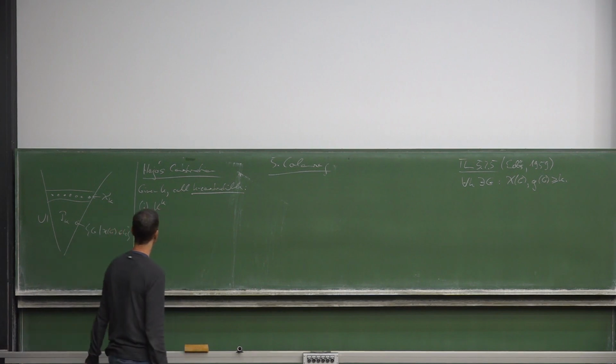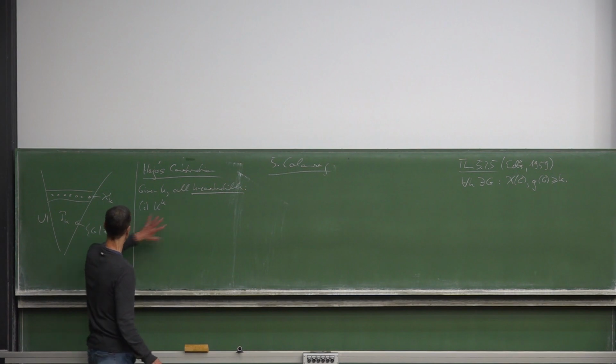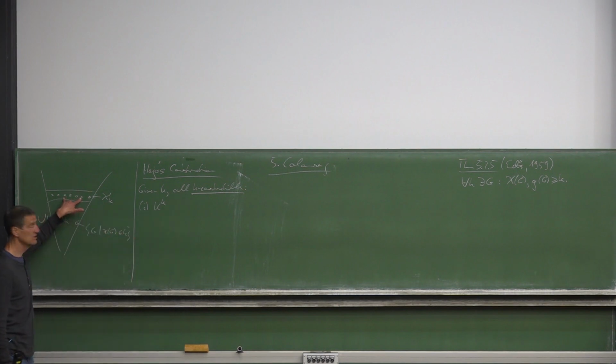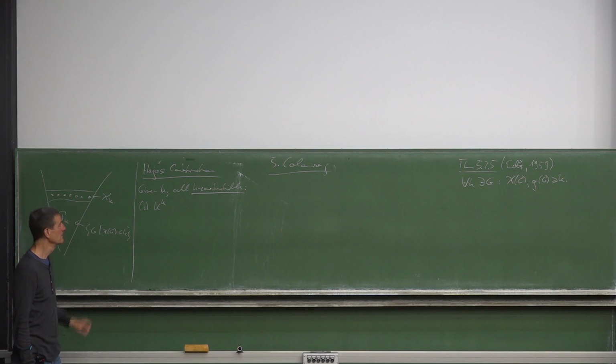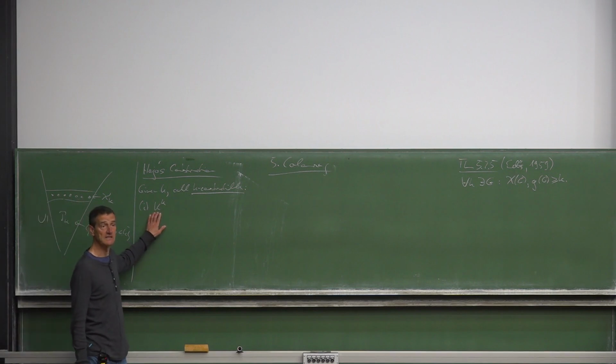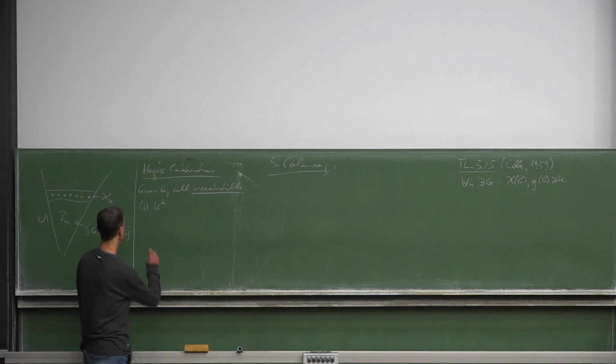Okay? So the idea is to construct a superclass of X_k. So they should definitely all need at least k colors. So this certainly needs k colors, so that's fine.